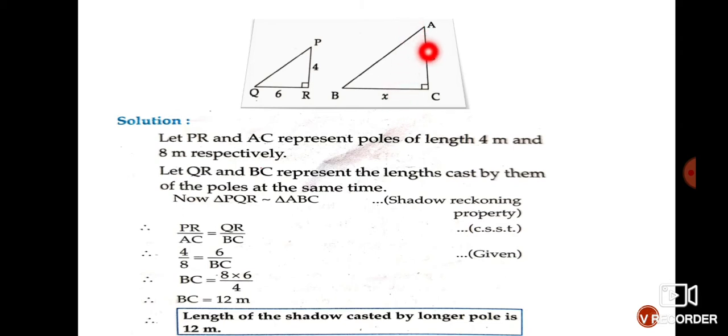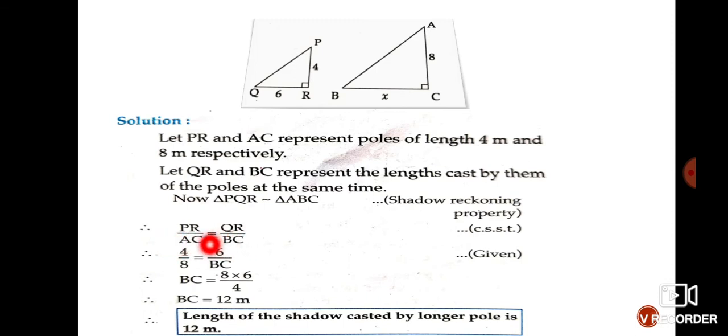That means angle A is congruent to angle P. So you can write it either the way given over here directly, that the triangles are similar, giving the reason shadow reckoning property, or you can say angle R is equal to angle C is equal to 90 degree, and angle P congruent to angle A, reason shadows cast at the same time. Therefore the triangles are similar by AA test of similarity, and then you can write the proportional sides.